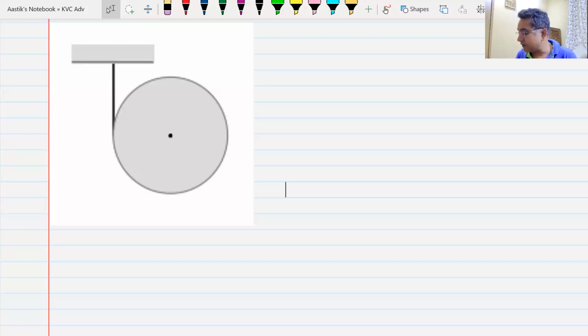Why will alpha be clockwise? Why? There has to be a reason. If you understand the reason, the problem is very simple then. Yes, why is alpha clockwise?